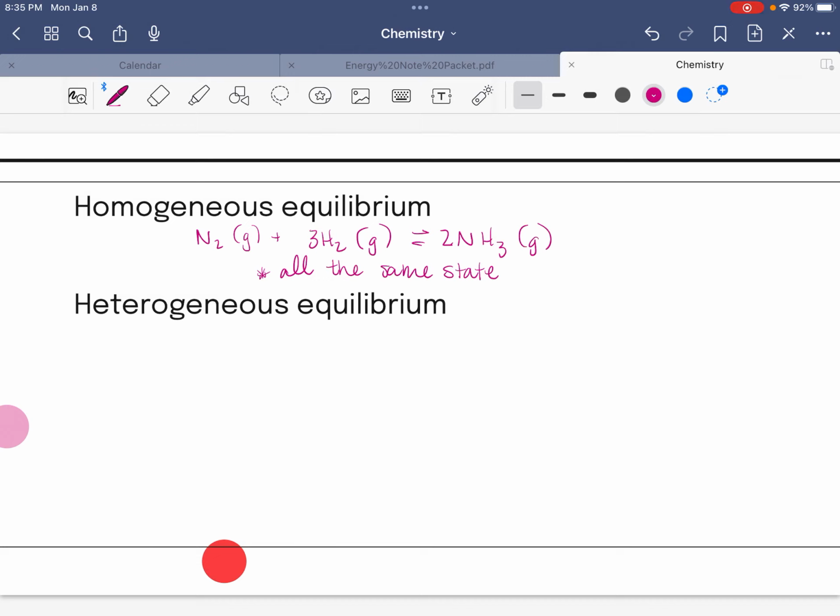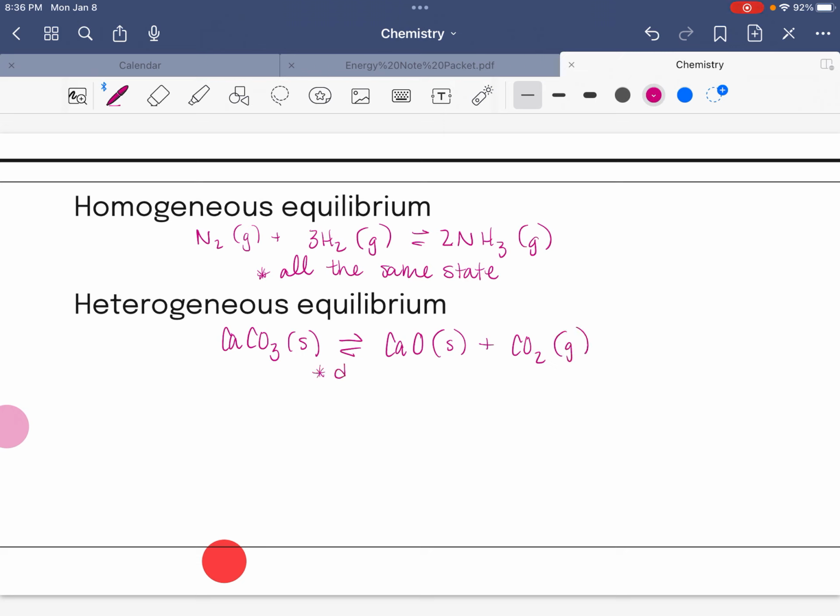In heterogeneous equilibrium, we're going to have other states of matter in our balanced equation. So for example, if I have CaCO3, which is a solid, yields CaO, also a solid, plus CO2, which is a gas.